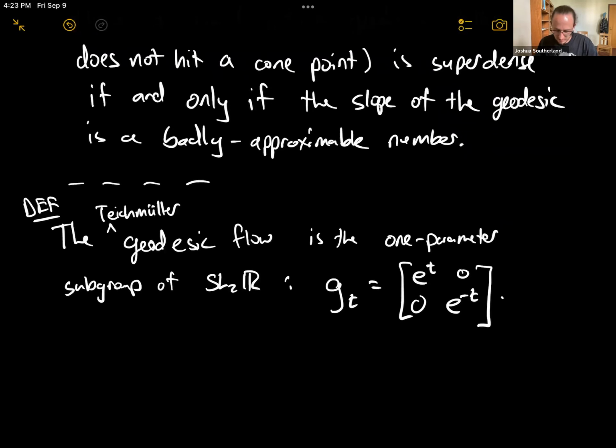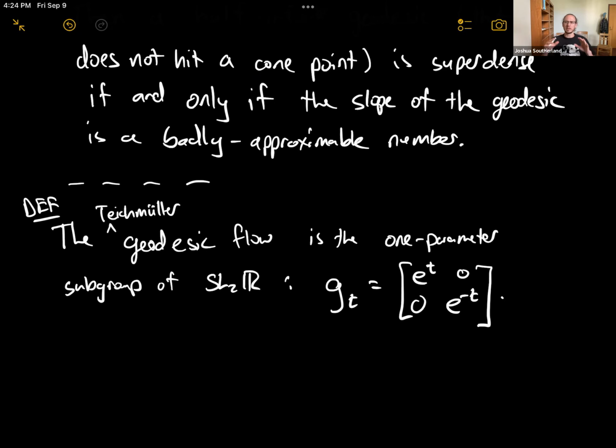Okay. And so it turns out that on the torus, there seems to be a relationship between boundedness of a geodesic inside the moduli space and choosing the initial direction to be badly approximable. There's a connection to continued fractions there.